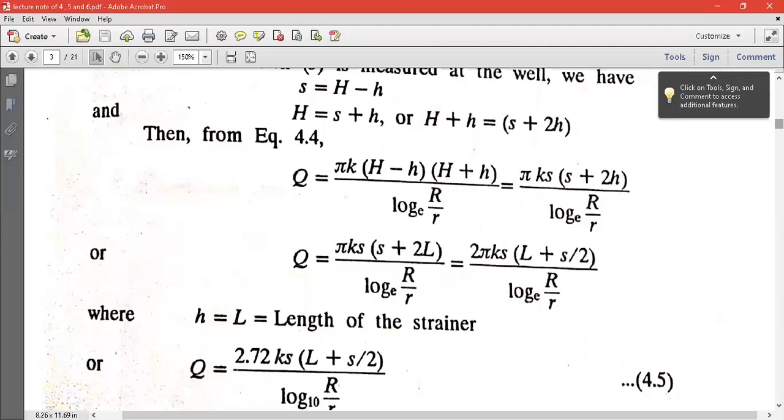Now we can further take small h as the Steiner length, the portion of the water level inside the well after the drawdown. So that is also called the Steiner length. So h can be put as L. So finally the formula will be obtained as Q equal to 2 pi K s (L plus s by 2) divided by log e capital R by small r.